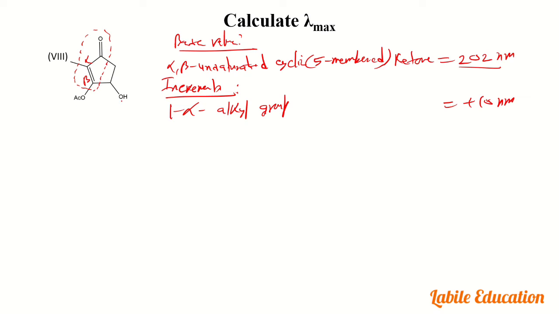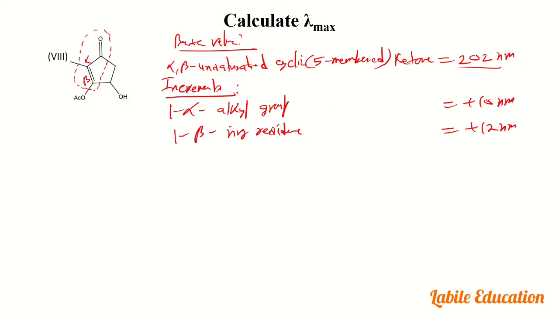And at the beta position, there is one ring residue. This is part of the ring, so this is a ring residue. So here one beta ring residue, that will contribute 12 nanometer.